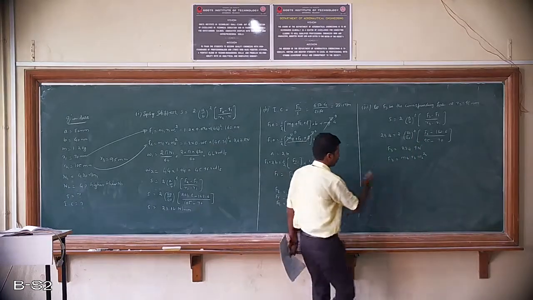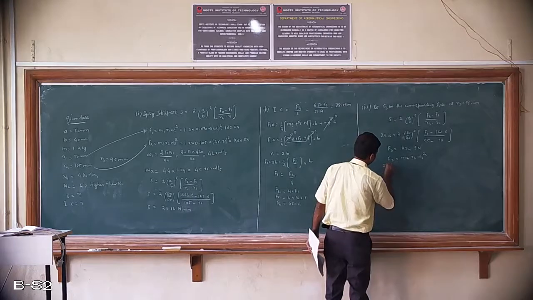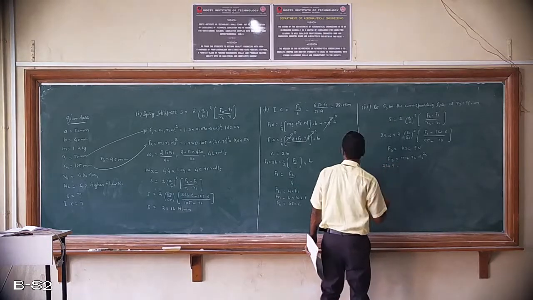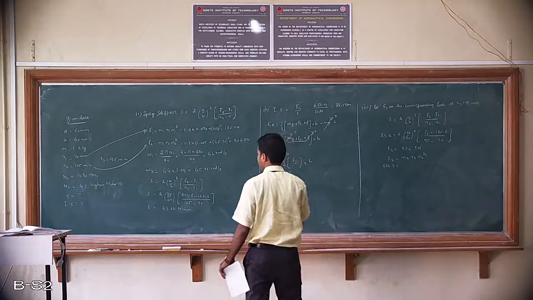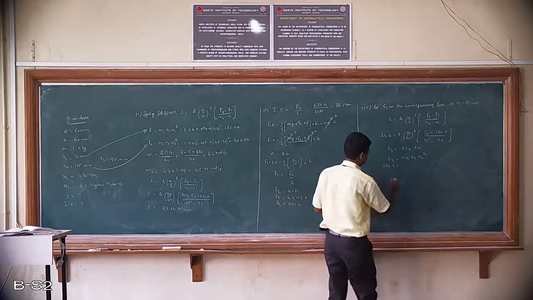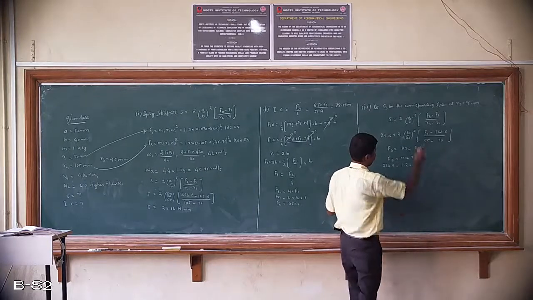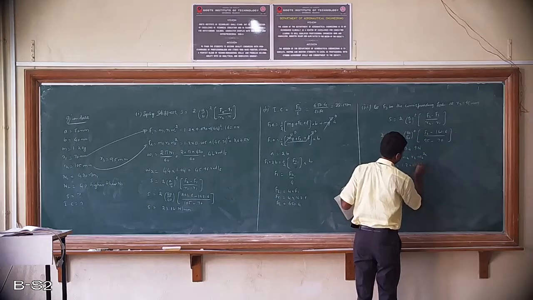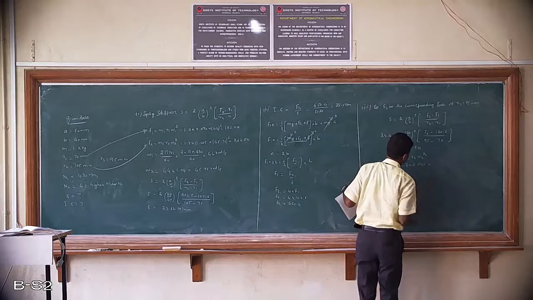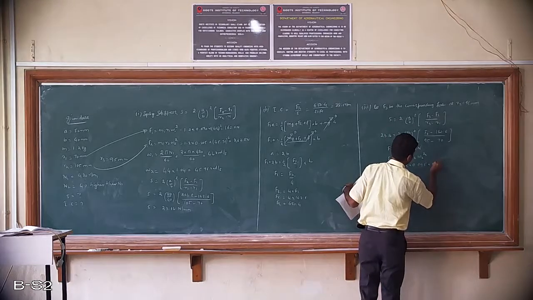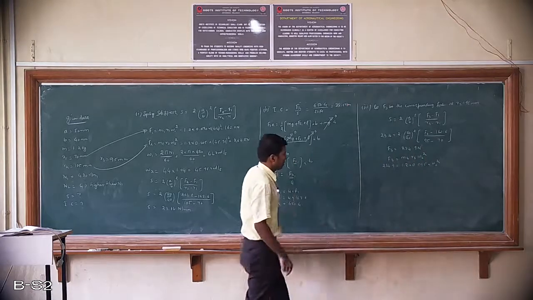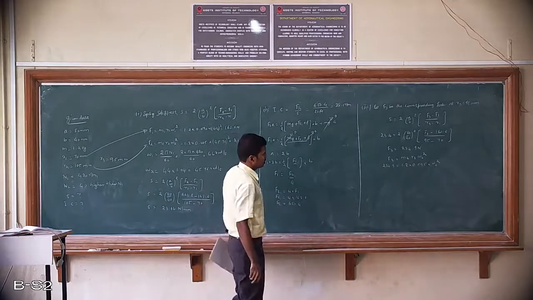F3 is known, that is 234.9. M3 is once again the mass of the ball which is given, that is 1.2 kg. That will be same. R3 is given, that is 95 mm, so I need to substitute in terms of meters. So 0.95 into omega 3 square. All the values are known, only omega 3 square is not known.